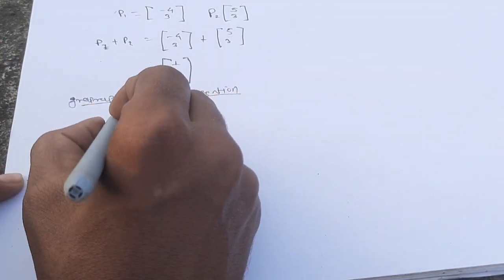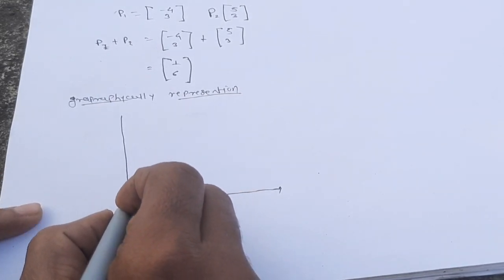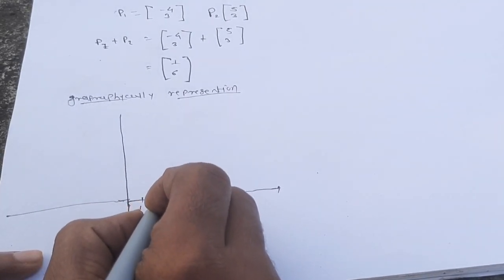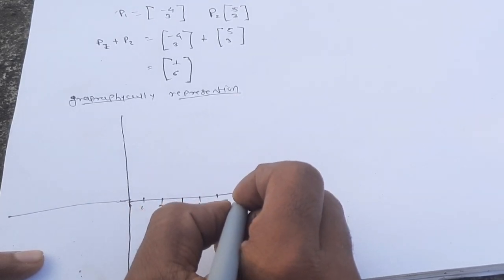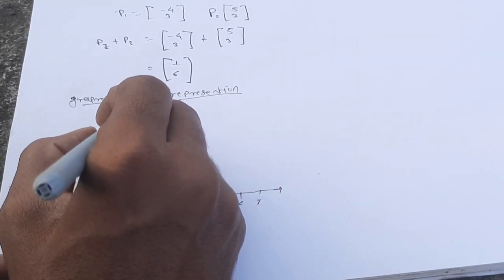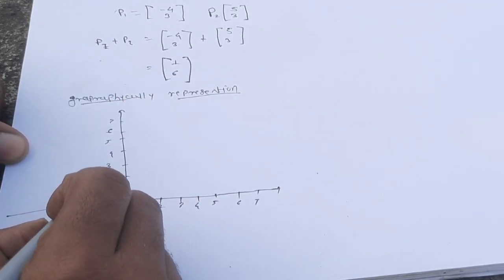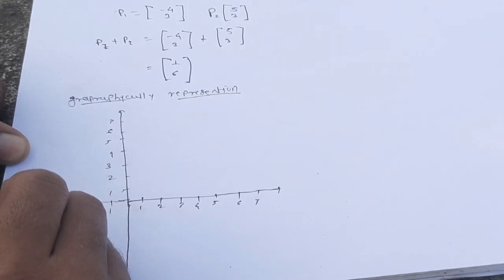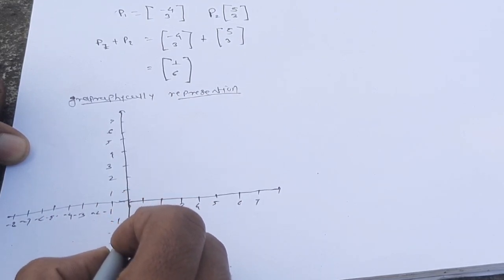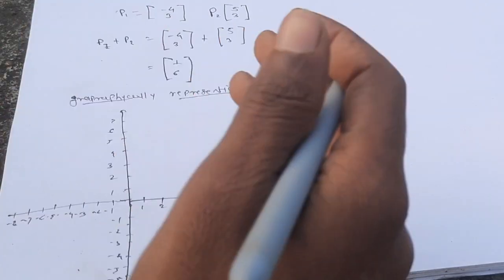Okay, we have a graph like this: 1, 2, 3, 4, 5, 6 and 7 on the positive axes, and -1, -2, -3, -4, -5, -6, -7, -8 on the negative side. So we are talking about a graphical representation.